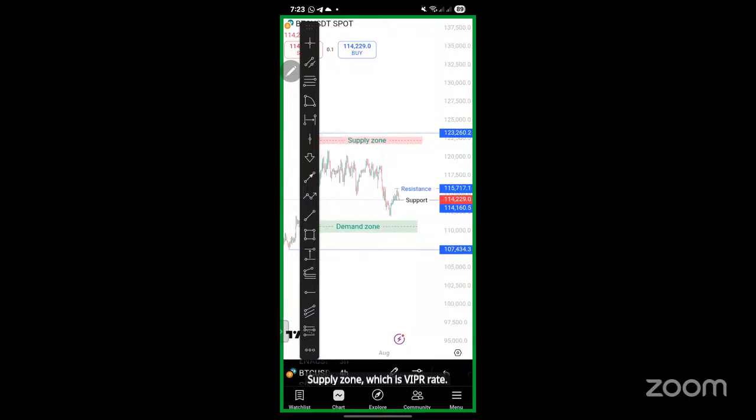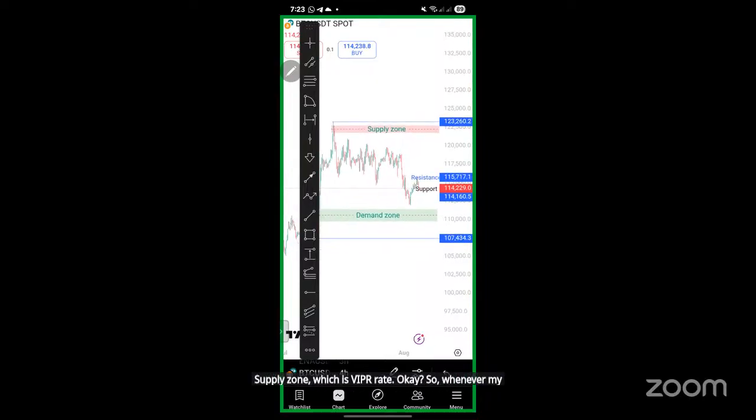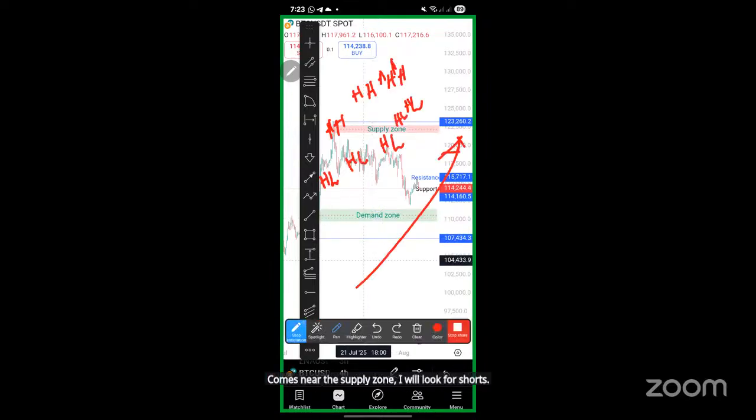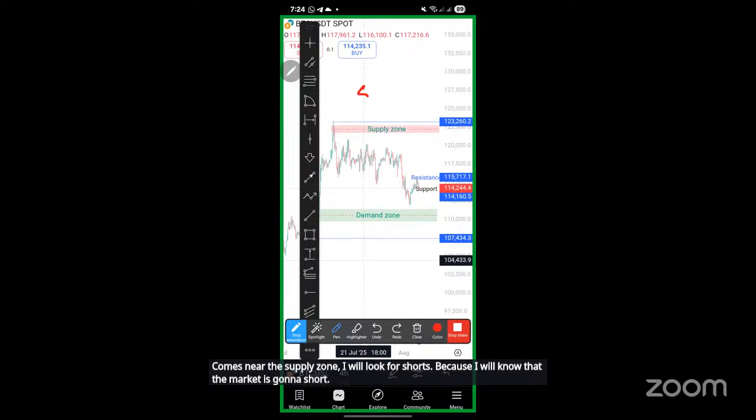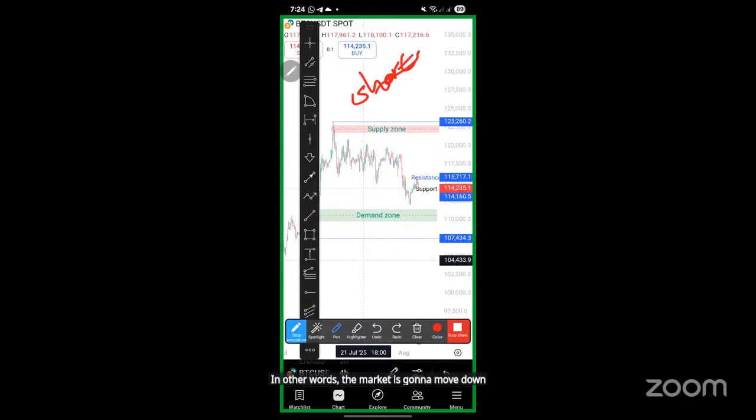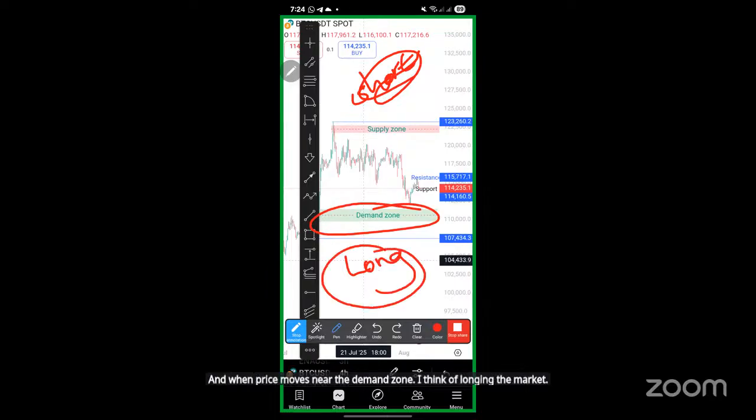So whenever my price comes near the supply zone, I will look for shorts because I will know that the market is going to move down. I short the market. And when price moves near the demand zone, I think of longing the market, that price may come to the downward side, all right?